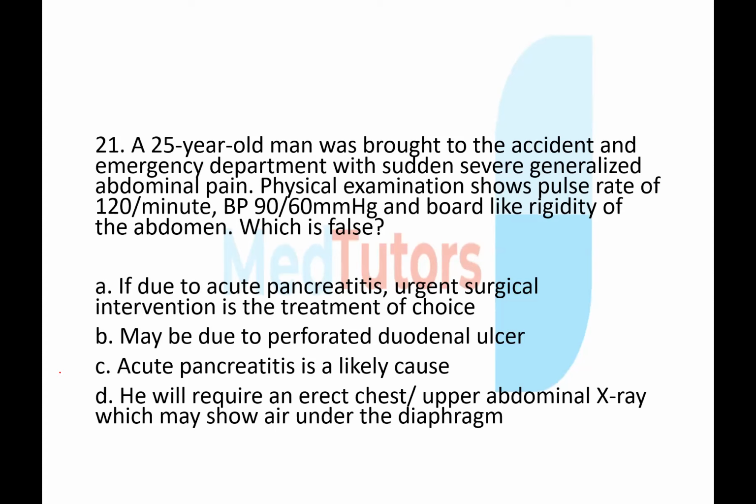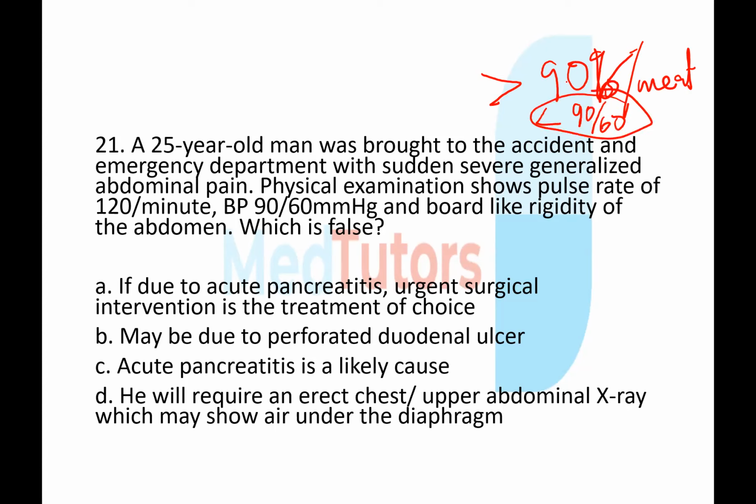If you have a patient with a pulse rate greater than 90 beats per minute and blood pressure of less than 90/60, that patient is in shock.